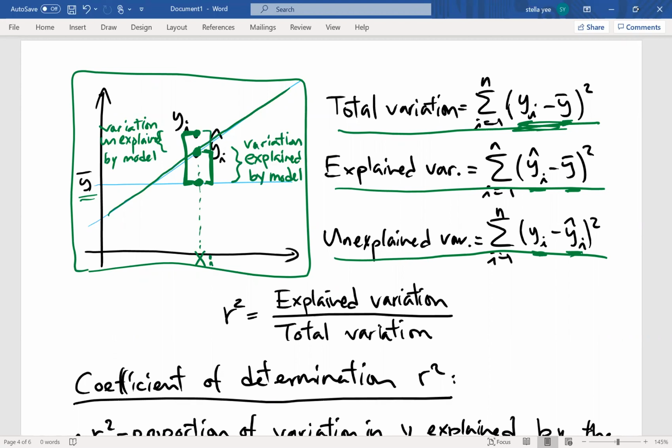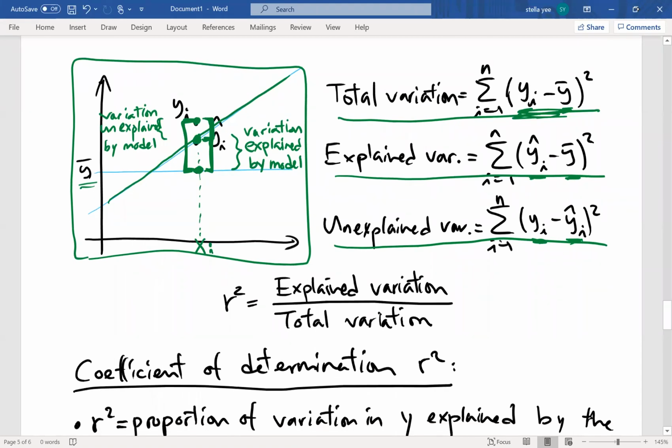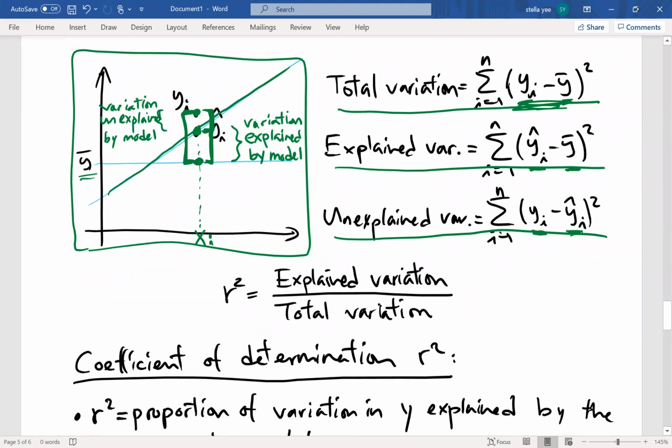So that's this part. You can break this variation up into these 3 pieces. And if you want to know what percentage of the variation is explained by the formula, you could just look at the ratio of the part that's explained by the formula divided by the total variation in the variable y.